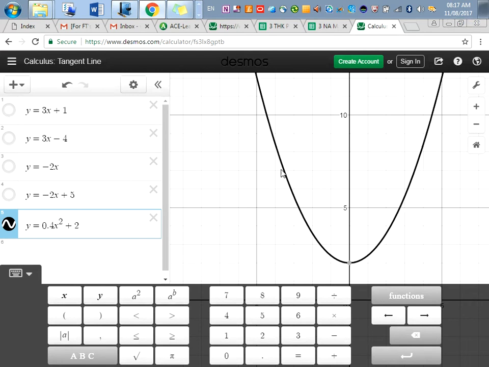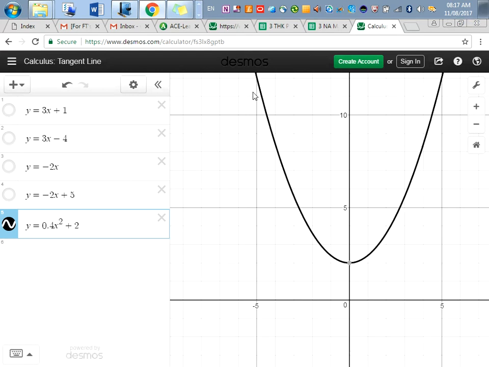Okay, now I have a curve that looks like this. What is the gradient of this curve? If I ask you this question, what's the gradient of this curve? Is it positive or negative? Or is it really a question that can be answered?